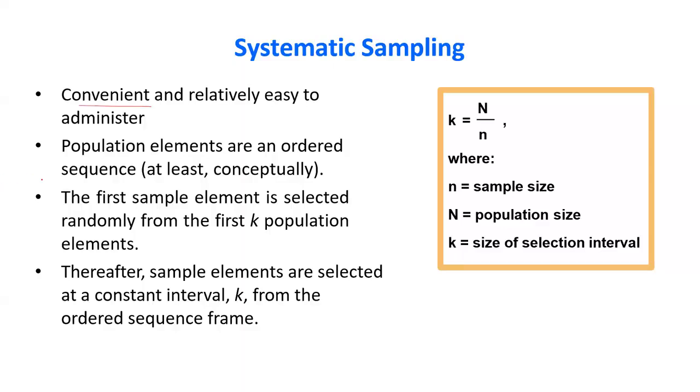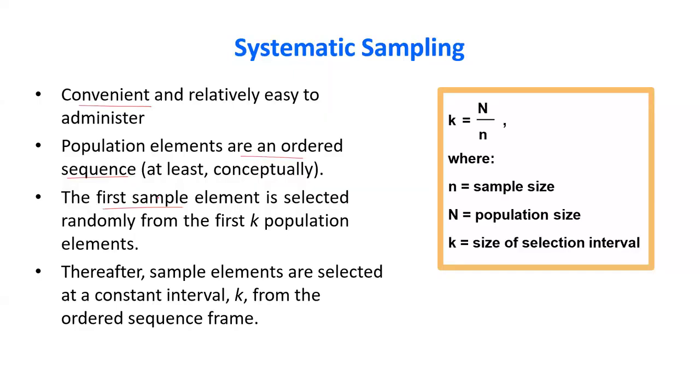Okay, so population elements are an ordered sequence. Whatever elements are there in the population, they will be in some order. We will assign some number to them, and we will say that all the odd numbers, I'm just taking one example, whichever element has been assigned an odd number, I'll consider that as a sample.